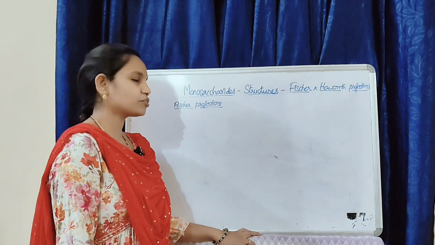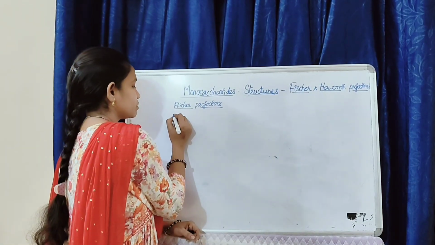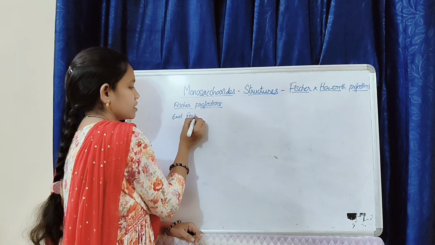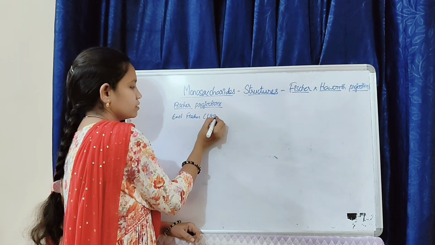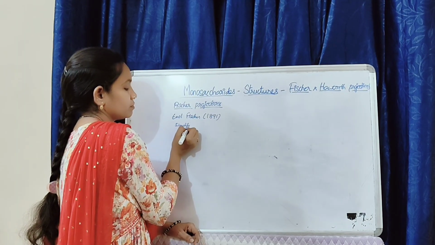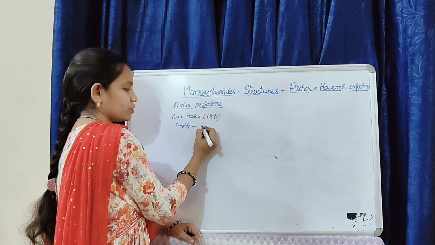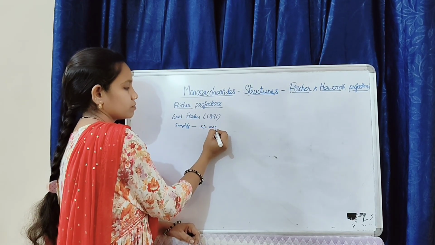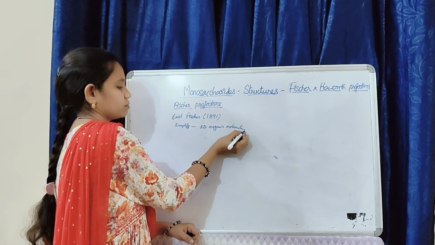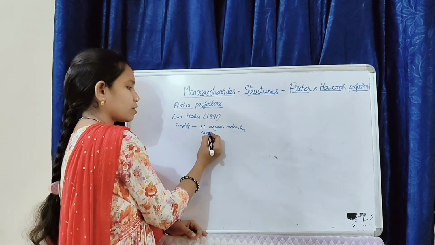Now let's discuss Fischer projections. These projections were first introduced by the German chemist Emil Fischer in 1891 to simplify the representation of 3D organic molecules, especially carbohydrates.